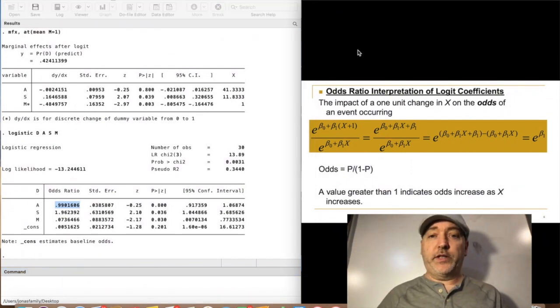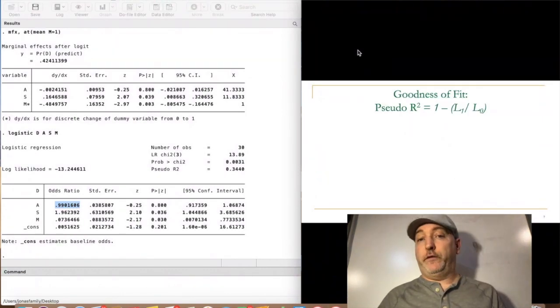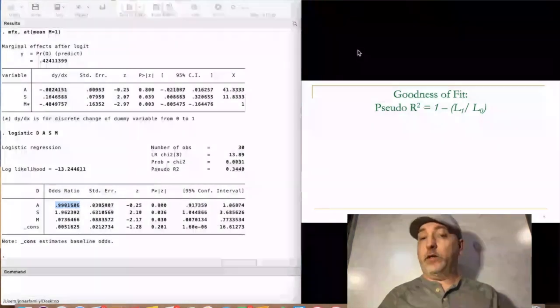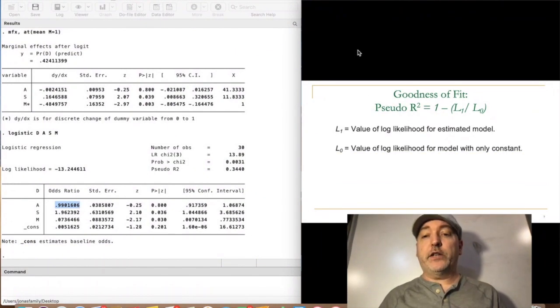Okay, a couple other things to consider here is our measures of goodness of fit, right? So in OLS, we're used to seeing an adjusted R squared, an R squared, and an F statistic. Because we're not using OLS, when we're using maximum likelihood, we have a replacement for each of those. So instead of an R squared, you'll see reported a pseudo R squared, which is trying to get at the same idea.